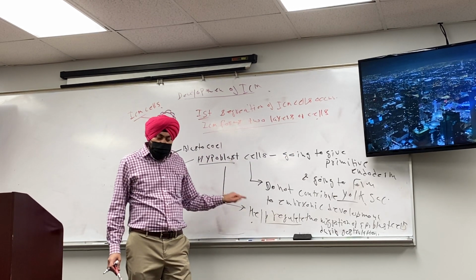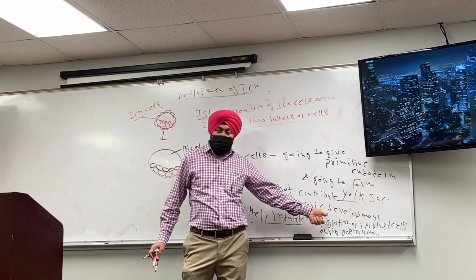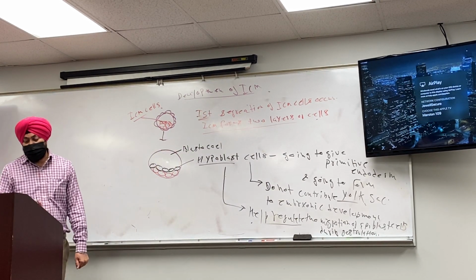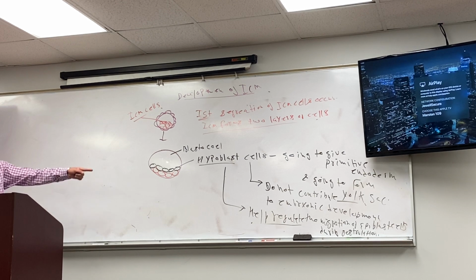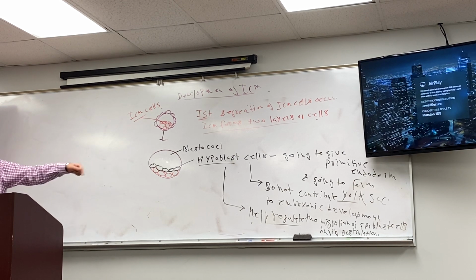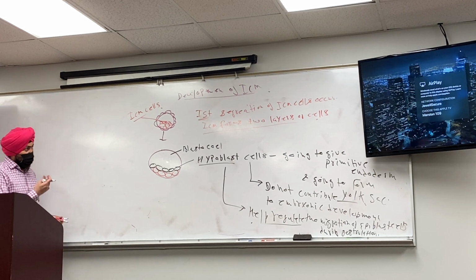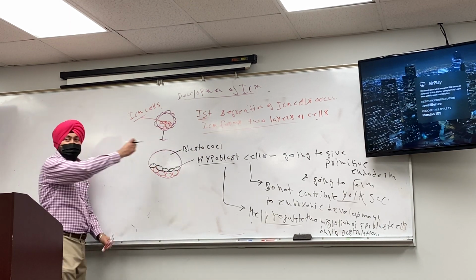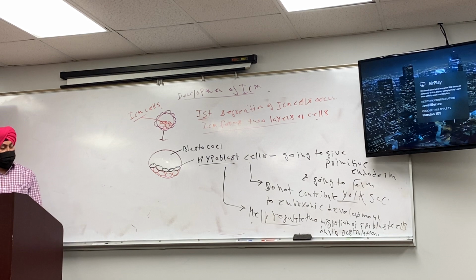But what they're going to do is help the migration of epiblast cells during the gastrulation process, because they form the yolk sac. So that means a hypoblast formation is taking place.